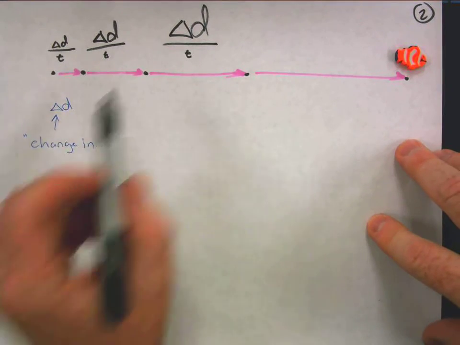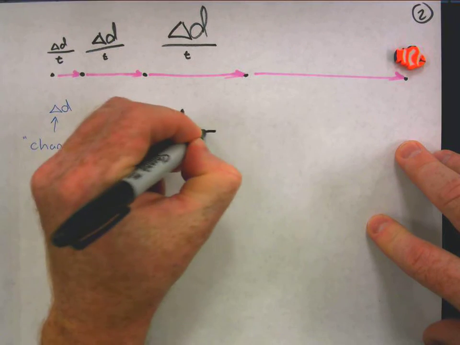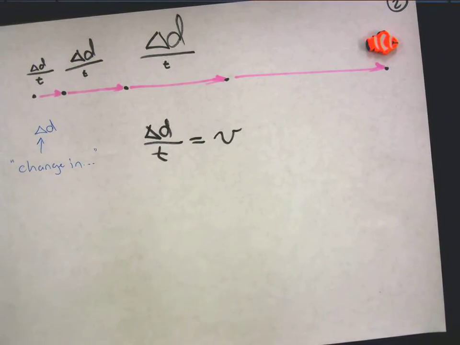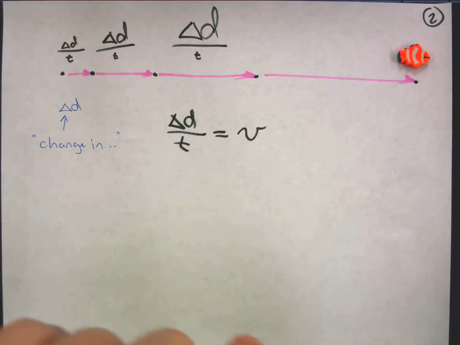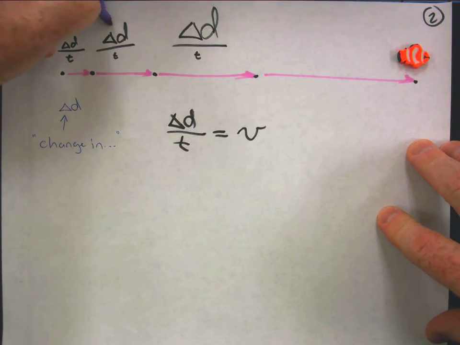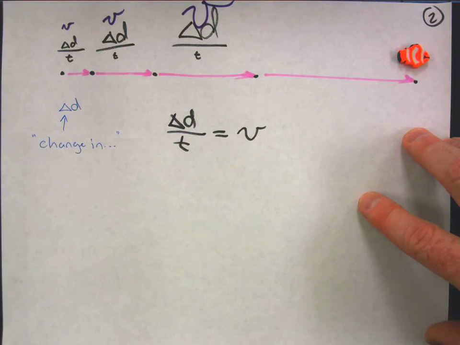Well, what does this business right here mean? We change the position divided by time. Well, that is velocity. So what's happening to our velocities? They're getting larger. So we could say, well, we got a small velocity there, then a larger velocity there, then a much larger velocity there. Those are V's, by the way. V for velocity.